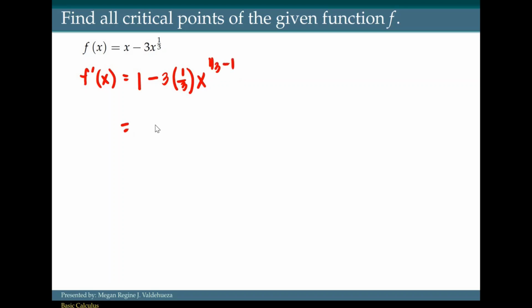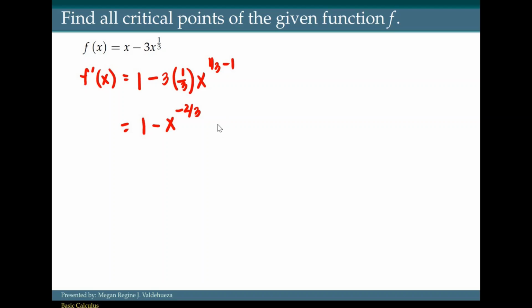So that will give us 1 minus 3 times 1/3 is just 1, right? So we have 1 times x to the power of 1/3 minus 1, that will give us negative 2 over 3, right?